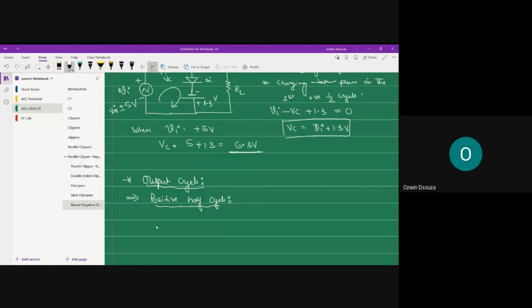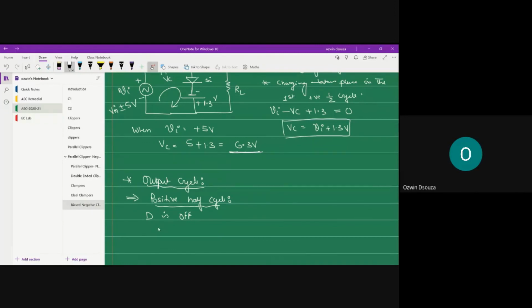So positive half cycle, diode is off. D is off, which is true for all positive clampers and all negative clampers, whether biased, unbiased, with ideal diode or with practical diode. Doesn't matter. Whenever you go for checking the output voltage, always keep your diode in off condition. That means you just isolate the diode terminals. That's all.